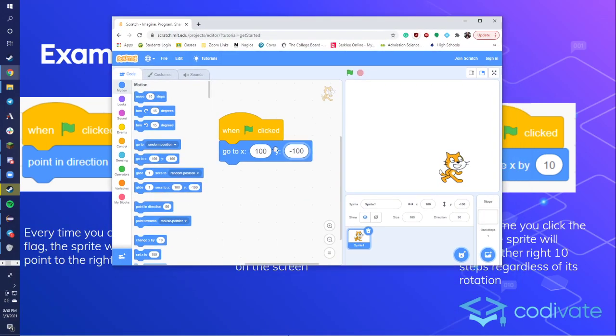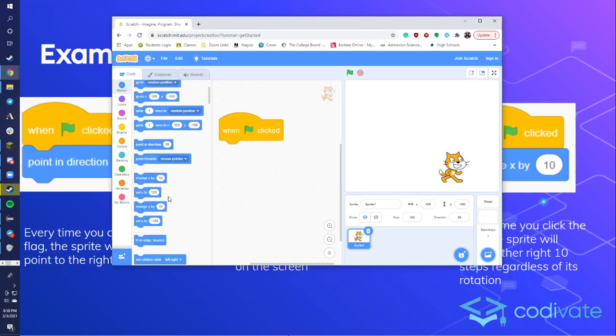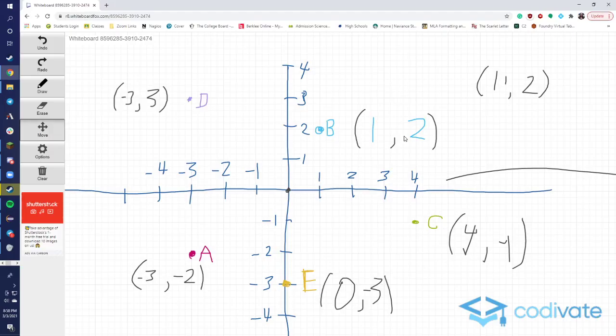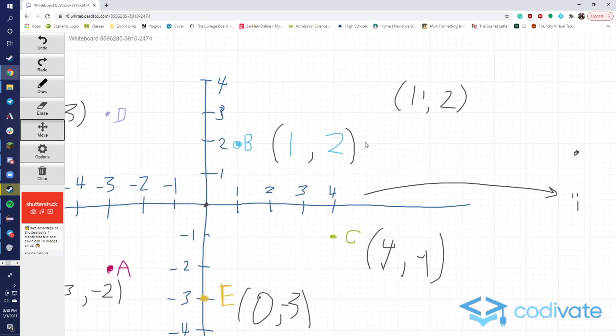The next one is the change x by some number and change y. So change x means that wherever the cat is, it doesn't matter, you're just going to add this number to its horizontal number for its coordinate. So if we have our coordinates again, it's going to add 10. Like we said earlier, adding 10 moves it to the right.